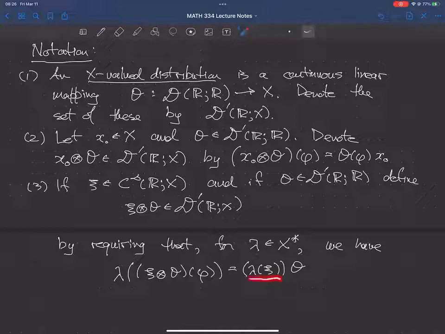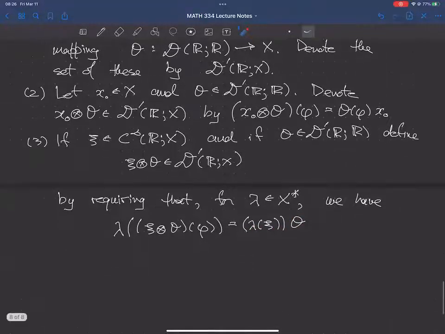I'm going to take my vector valued function C. So it's an infinitely differentiable function with values in X. I'm going to apply to that function lambda. So this is going to be an infinitely differentiable scalar function, and I can multiply that by the distribution. So that's a way of defining that.